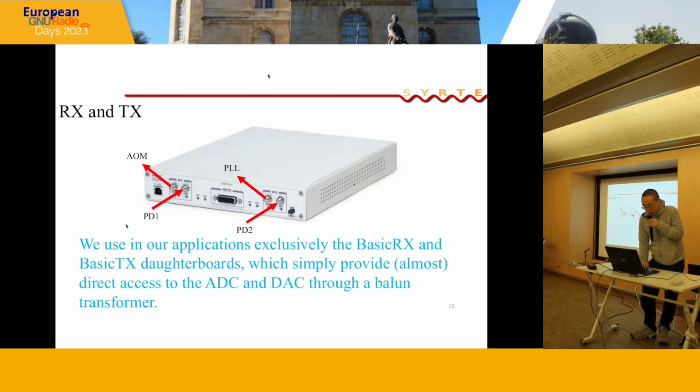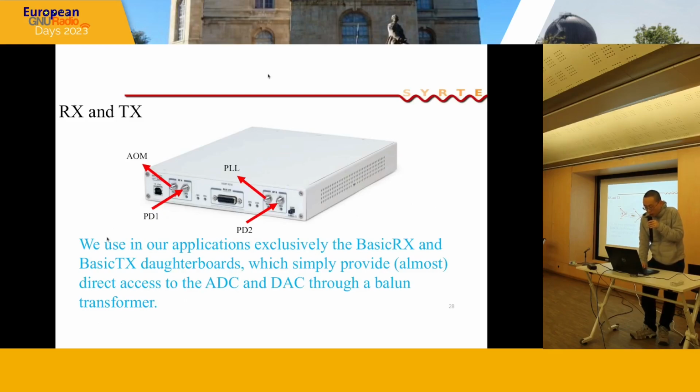And then it's the RX and TX part in our GNU Radio application. Here you can see the two RX ports are connected to the two photodetectors, and TX port 1 is connected to the AOM, providing the AOM driving signal, and the other one is connected to the PLL, which provides the frequency compensation or correction signal.